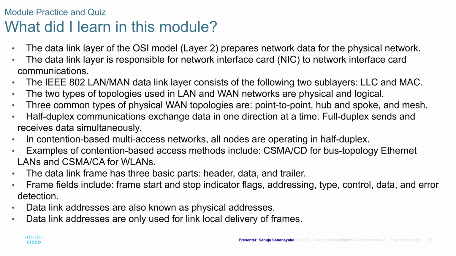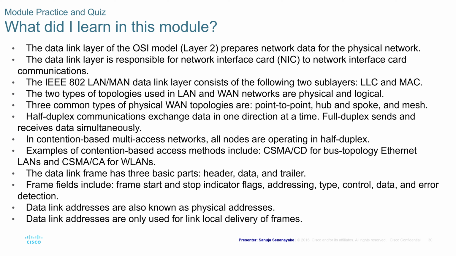The IEEE 802 LAN/MAN data link layer consists of the following two sublayers, which are the LLC and the MAC. Remember, we learned about LLC and MAC. And the two types of topologies used in LAN and WAN networks are physical and logical. And remember how we covered how physical is different from logical, and you should be able to separate those two.